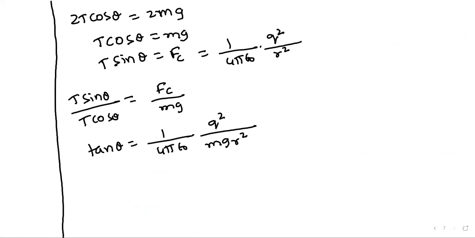Theta I can find from here. Then I will substitute either in T cos theta or T sin theta, and I can find tension. That is the first application. Now second application.